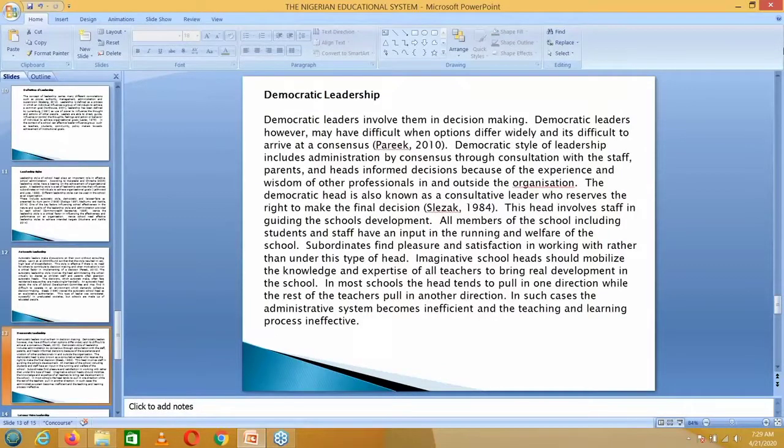Let's move to the second one, the democratic leadership. The democratic leaders involve people, the students, the parents, the staff, in decision making. However, democratic leaders may have difficulty when opinions differ widely, as when a decision is being passed across in an open letter to the students, the parents, the staff, especially at the PTA meeting.